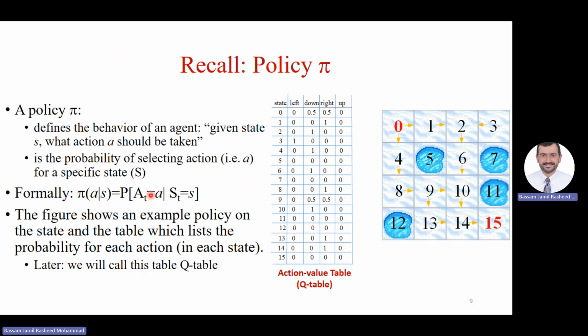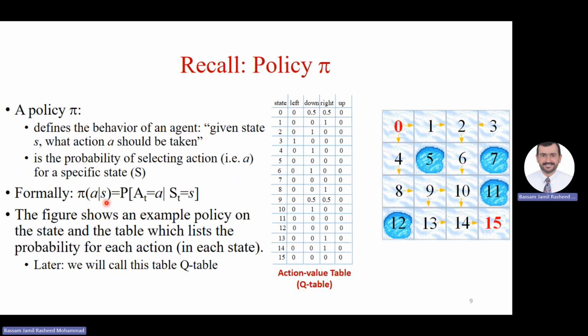I can say that assuming these are the probabilities. But of course, here I just indicated to you that this is the Q value. So let me not point to this table while I'm talking about the policy here, because I'm going to confuse it. Those are the Q values.